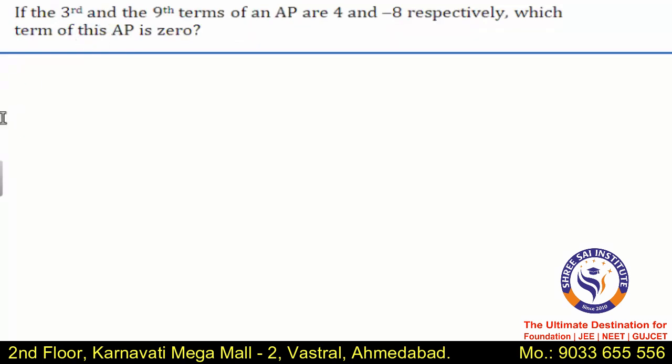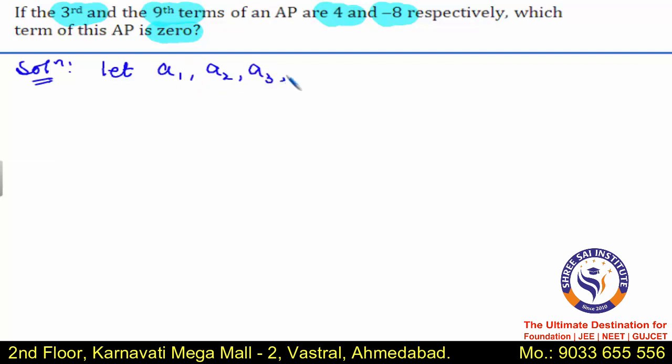This question says, if the third and ninth terms of an AP are 4 and minus 8 respectively, which term of this AP is 0? First, let us suppose one AP having terms A1, A2, A3, A4 and so on.